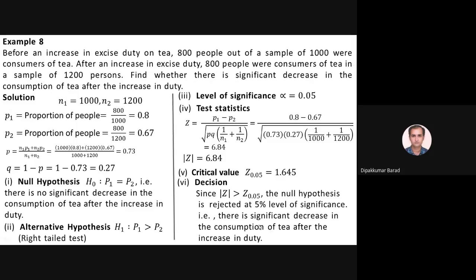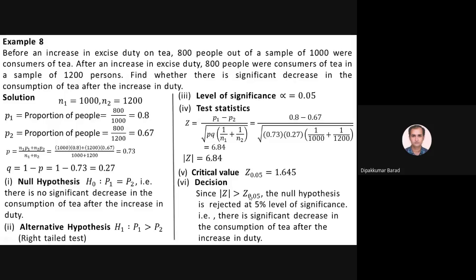Is it clear for everyone? Before the increase in the duty, we have 800 out of 1000 consumers, but after the increase in the duty, we have 800 out of 1200 consumers. So even from the data we can directly say this, but we have used the test, and after the test we get mod Z greater than Z 0.05.